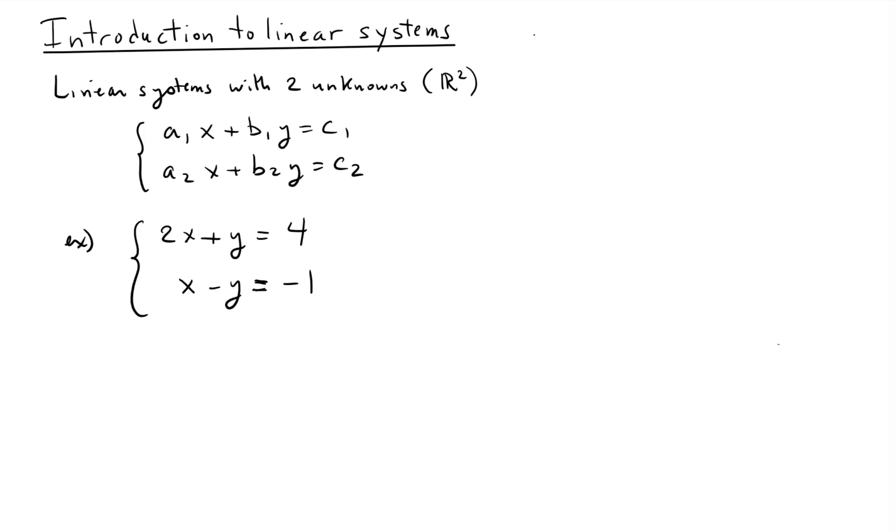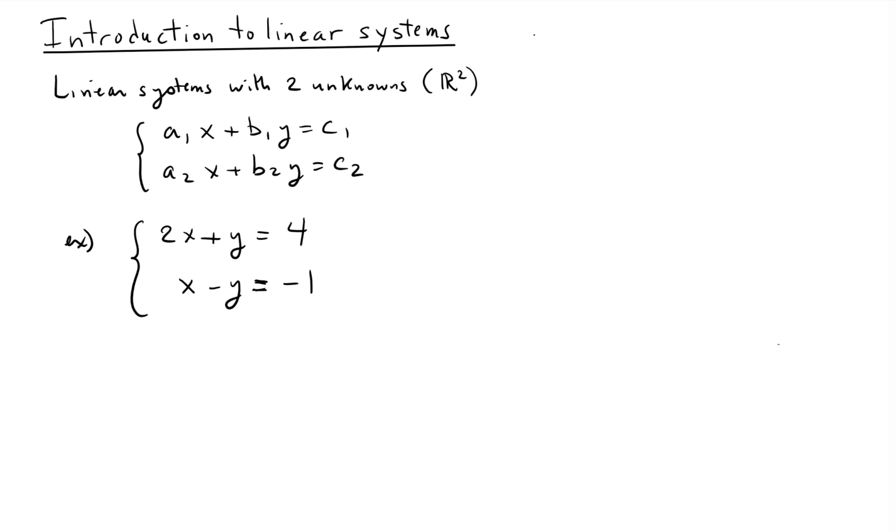Now that we know what a linear equation is, let's look at what a linear system is. So a linear system is a collection of linear equations that have to hold all at the same time in order to obtain a solution.